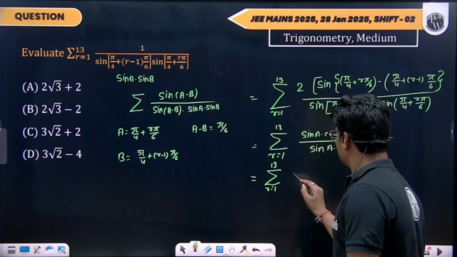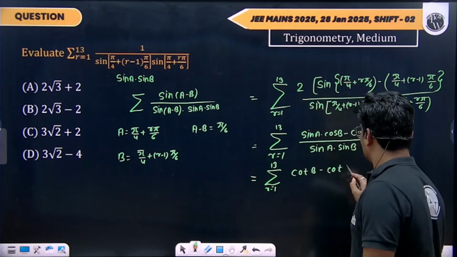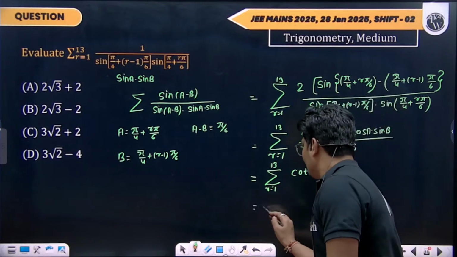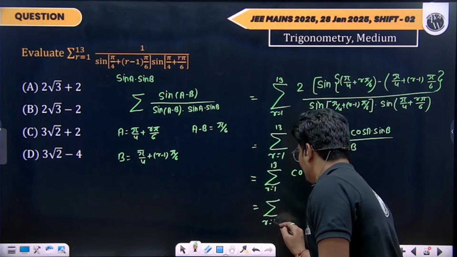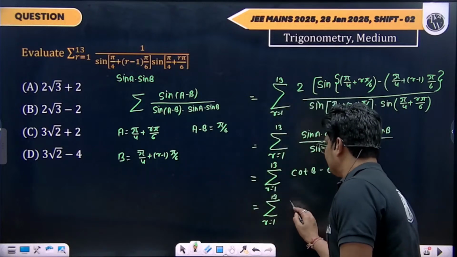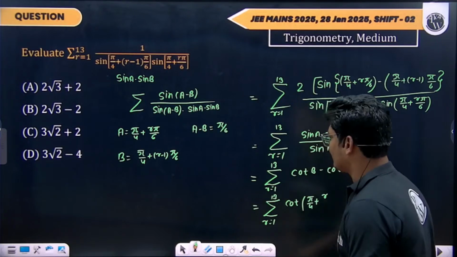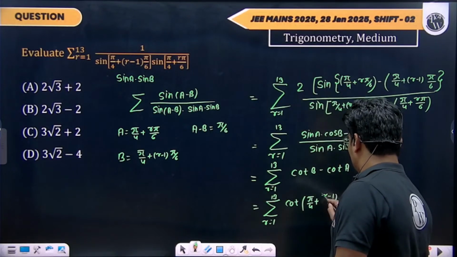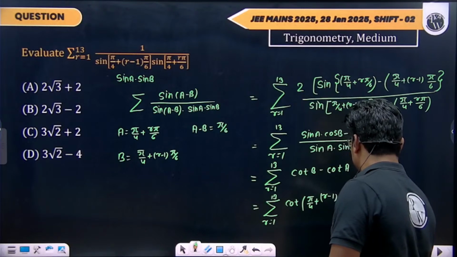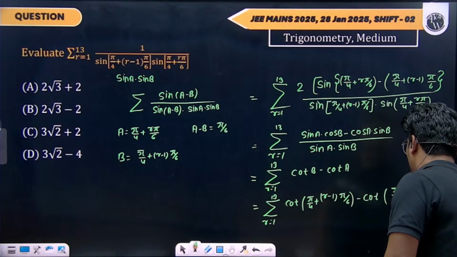So this will become cot B minus cot A. So now we will put the value of A and B in form of r and pi by 4 and pi by 6. So this will become cot of pi by 4 plus r minus 1 pi by 6 minus cot of pi by 4 plus r pi by 6.